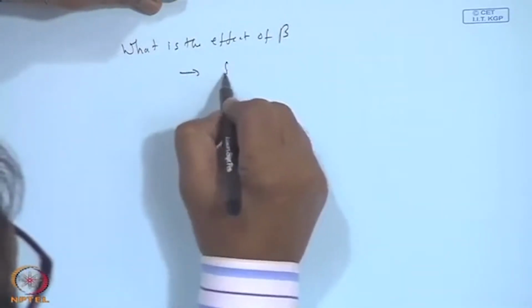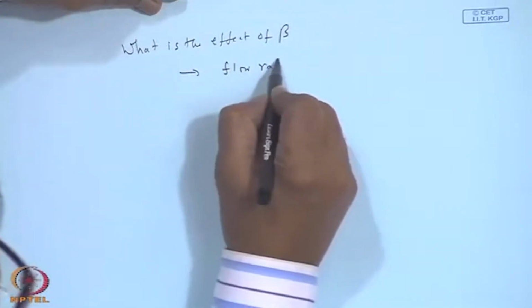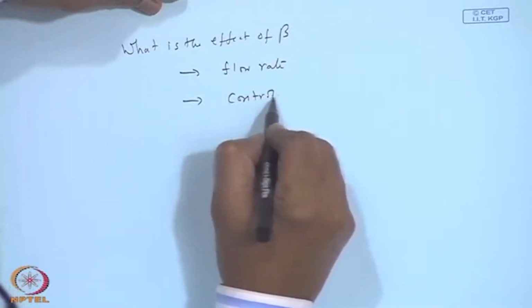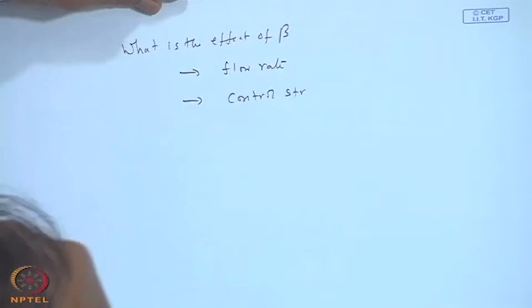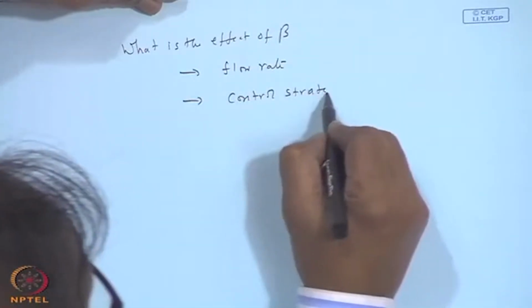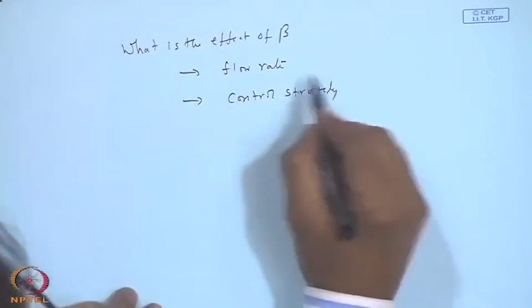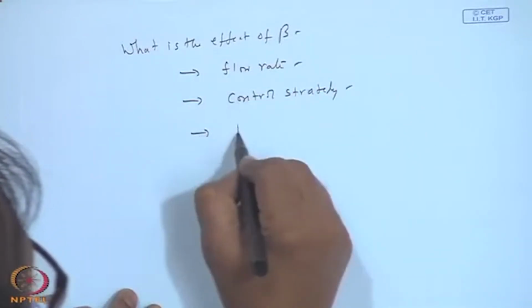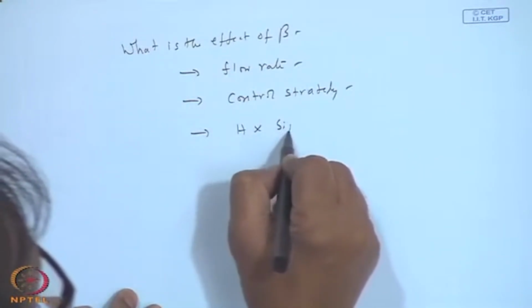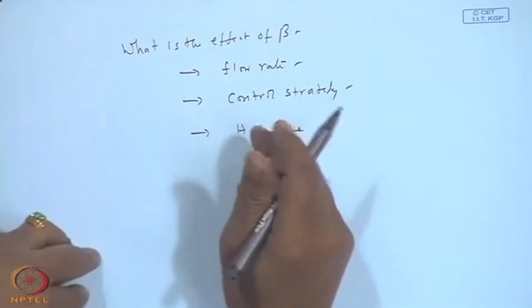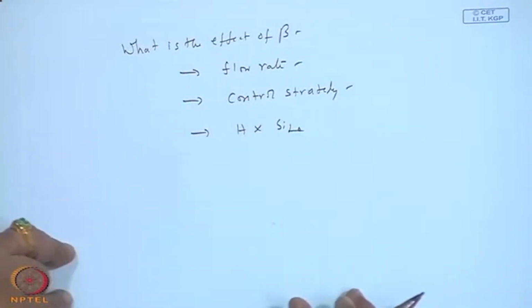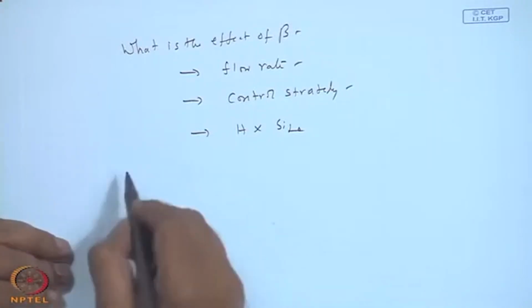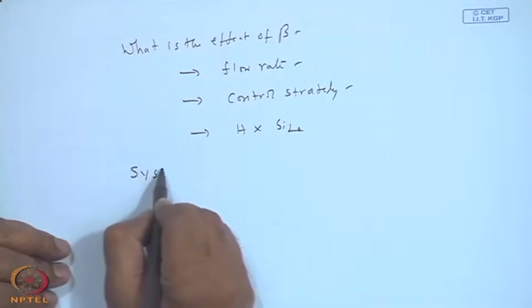Then similarly the flow rate and control strategy, which we shall come to a little later. So, for each one of these variables, or heat exchanger size, you have to keep on doing experiment by experiment, which is not only expensive, but also time taking to do system scale experiments.